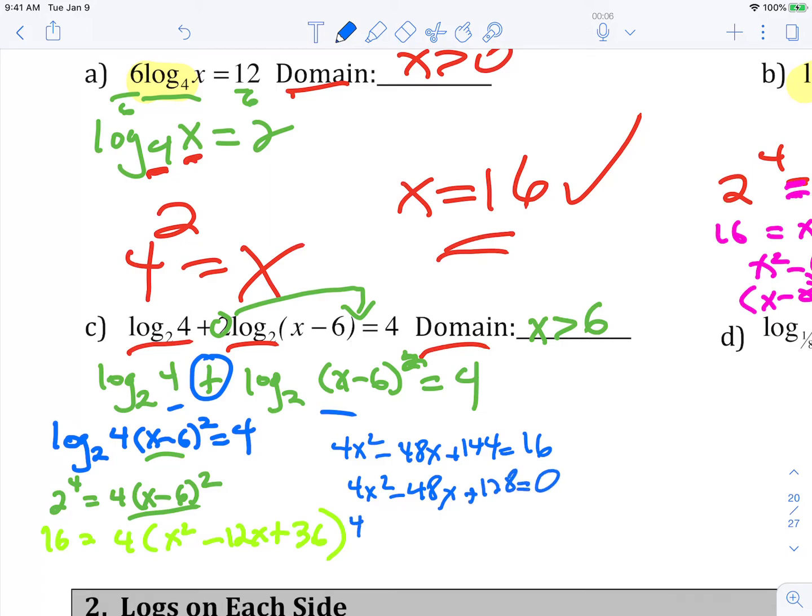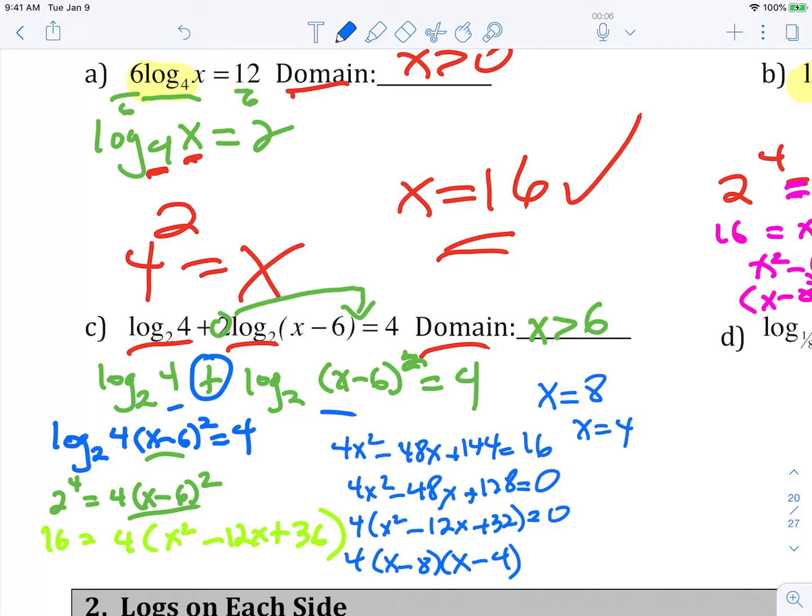Factor out the 4. We get x squared minus 12x plus 32 is equal to 0. And then we factor. We get x minus 8 and x minus 4, which means our two answers are x is equal to 8 and x is equal to 4. So let's check.